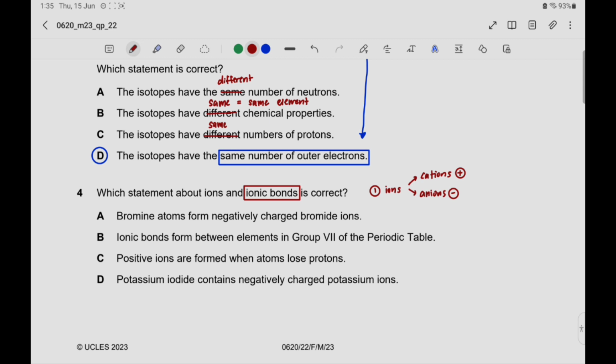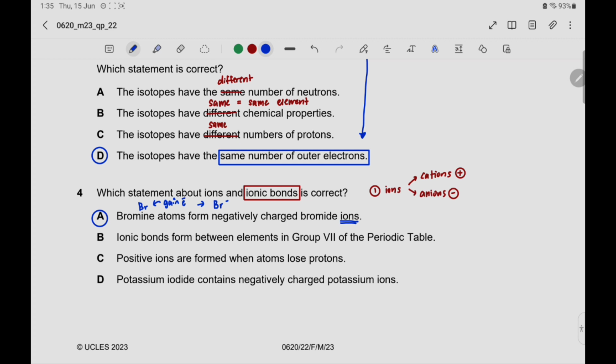Okay? So bromine atoms will form negatively charged bromine ions. Exactly. This is the answer. Why? Bromine is Br. For it to be an ion, I have to gain electrons. Why gain electrons? They are in group 7. So when you gain 1 electron, you become Br negative.